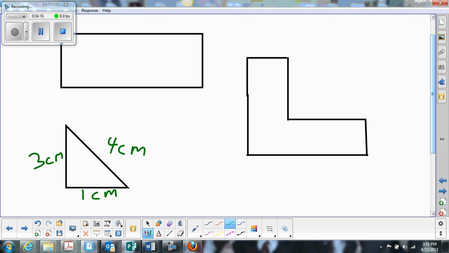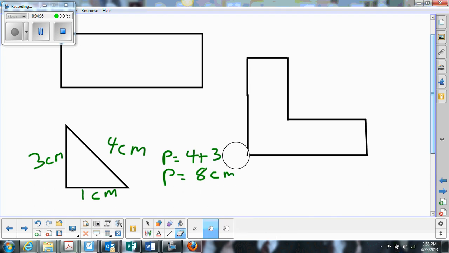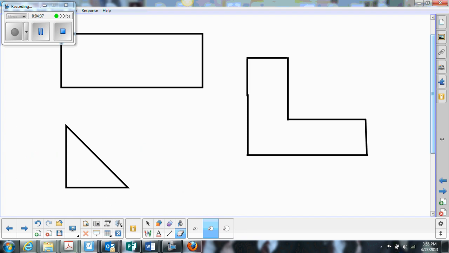So P equals 4 plus 3 plus 1. P equals 8 centimeters. It's fairly easy with the triangle. With an irregular shape, the same thing. There is not really an equation for this one. It is just calculating all the sides and then adding them up.